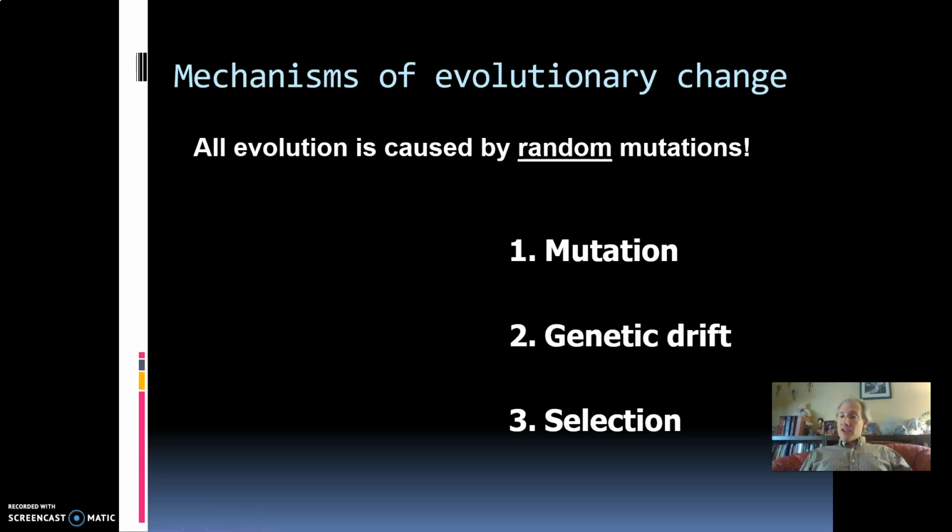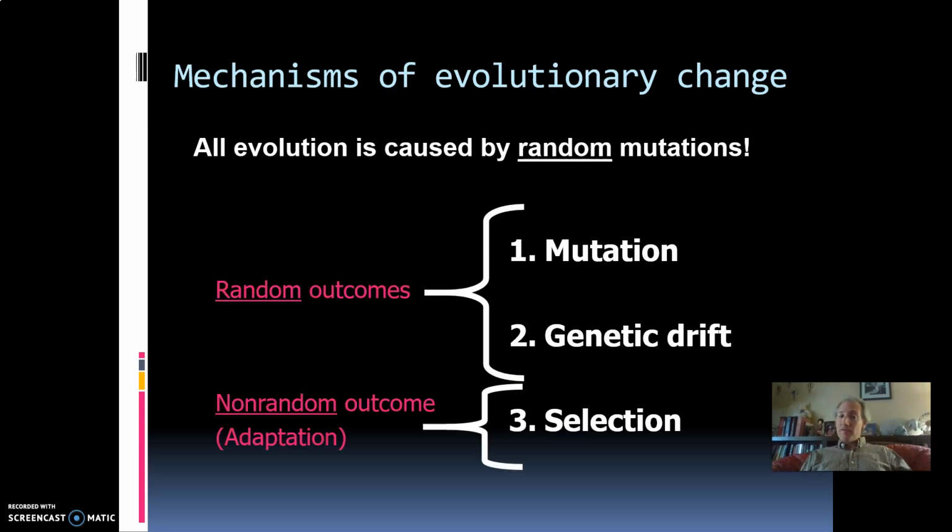And so when you think about these three mechanisms, all of them start with some kind of chaotic, complicated, randomly generated population of mutations. And then let's see what happens. Well, what we find is that in the first two, mutations and genetic drift, you can't predict the outcome. It's going to be entirely unpredictable depending on where the mutation happens, what its effect's going to be, who gets it, when.